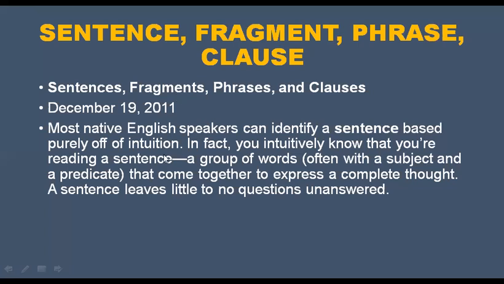Now, most native English speakers can identify a sentence based purely on intuition. Meaning, say by hearing, they will know already whether what they're uttering is a sentence or not. In fact, you intuitively know that you're reading a sentence, a group of words, often with a subject and a predicate.